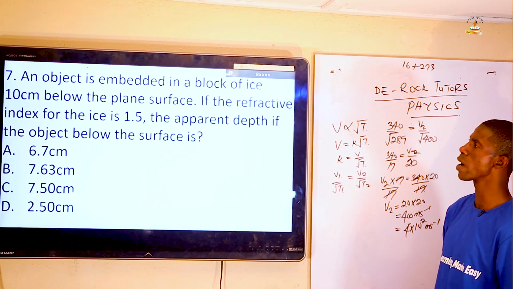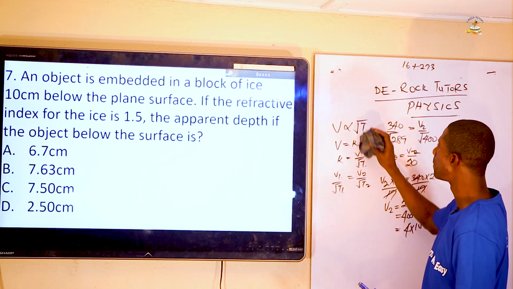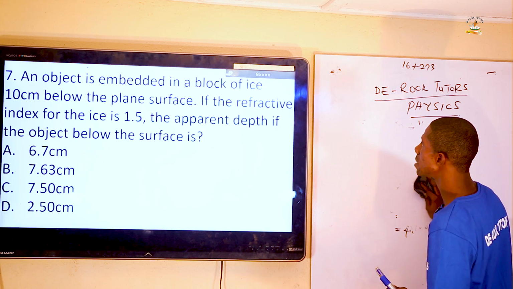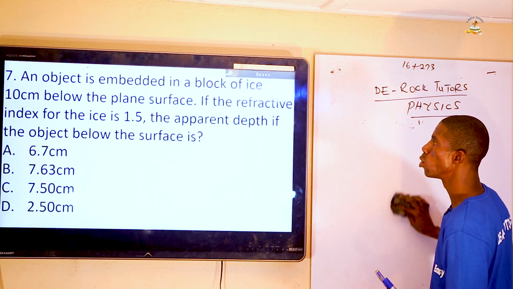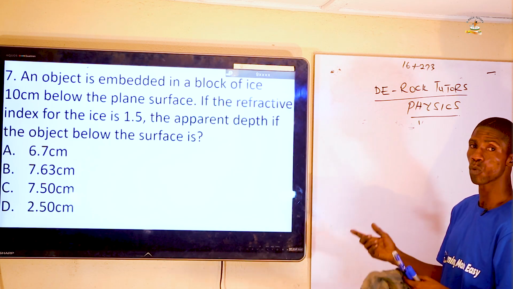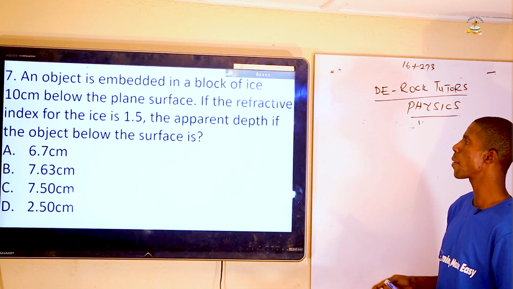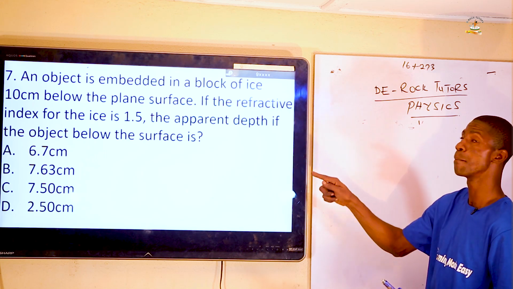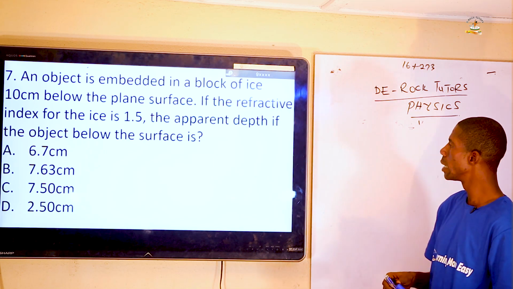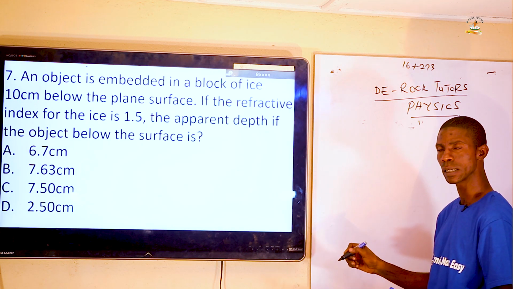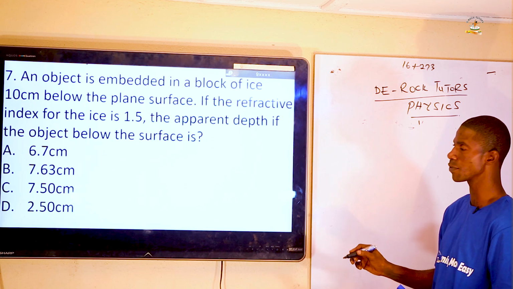Question number 7: an object is embedded in a block of ice 10 centimeters below the plane surface. If the refractive index for the ice is 1.5, the apparent depth of the object below the surface is? Now, with what we have here, the apparent and likewise the real depth, how can we relate it with the refractive index?